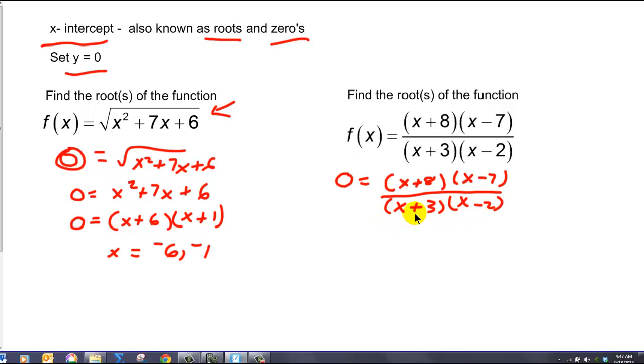So if I multiply the quantity of x plus 3 and x minus 2 to both sides, notice this will go to 0. So that leaves me with 0 equals the quantity of x plus 8 times x minus 7, thus giving me negative 8 and 7 for my two intercepts.